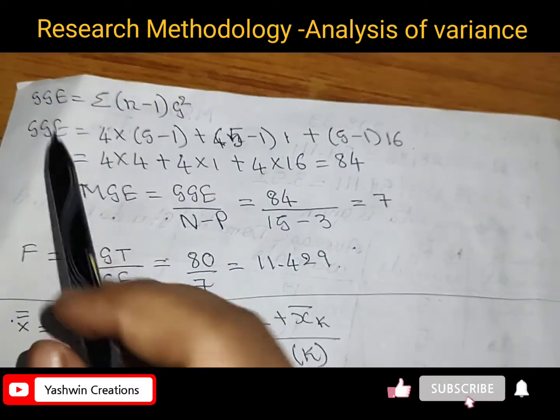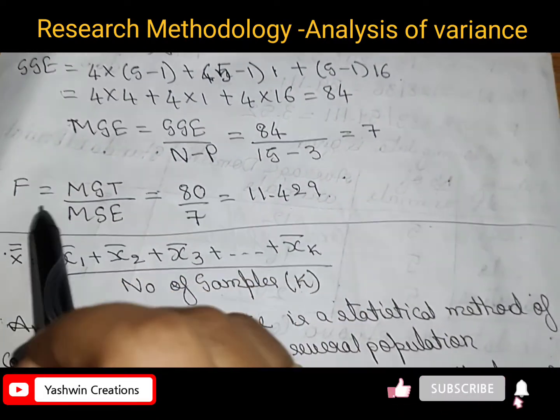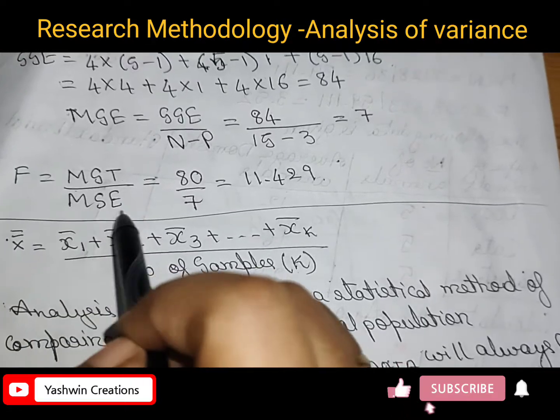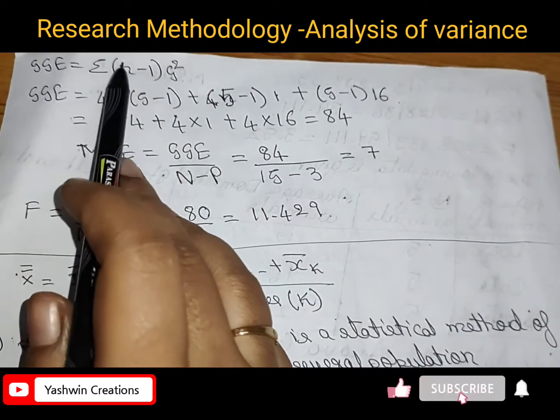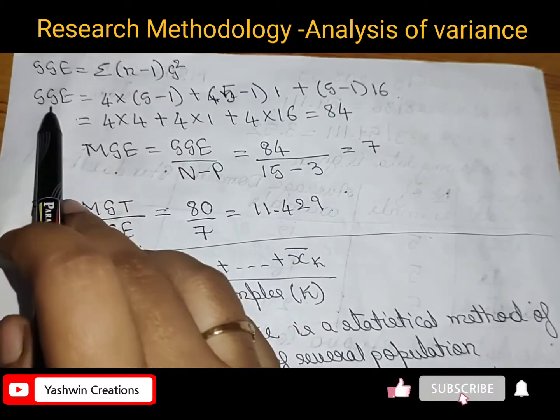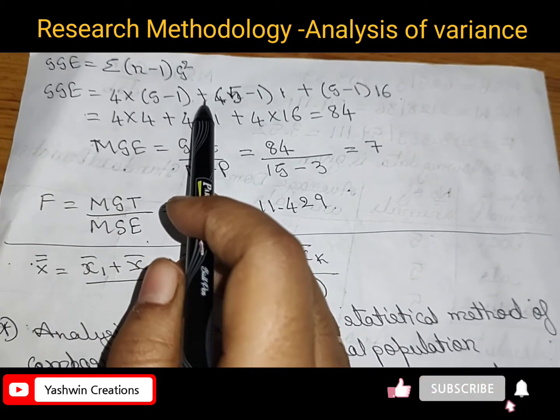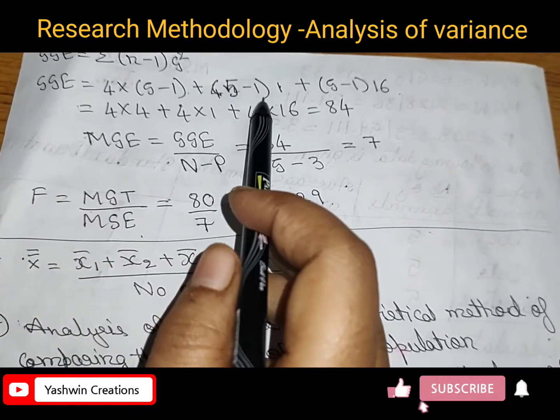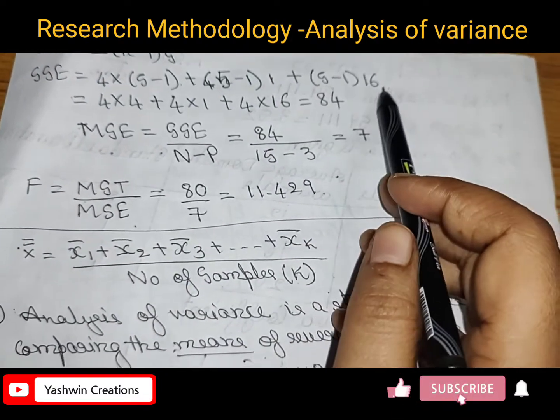Now we need to find out the SSE. Here it is a different case. So MST divided by MSE formula. SSE equals summation n minus 1 whole bracket s square. So SSE equals 4 into 5 minus 1, plus again 5 minus 1 into 1, plus 5 minus 1 into 16.